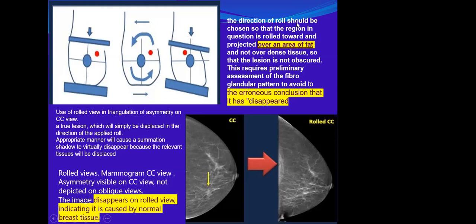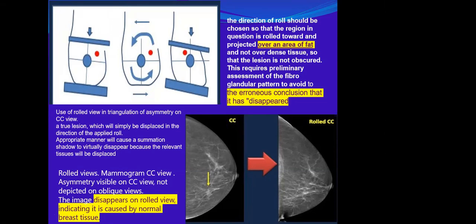The direction of roll should be chosen so that the region in question is rolled toward and projected over an area of fat, as I described for the spot compression, okay? If while doing spot compression you let the lesion be swept into a fatty area, it will help to clarify.